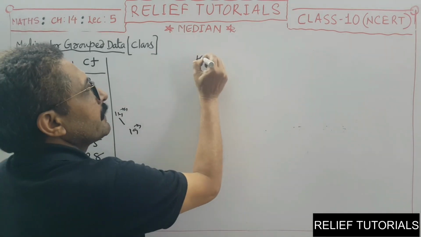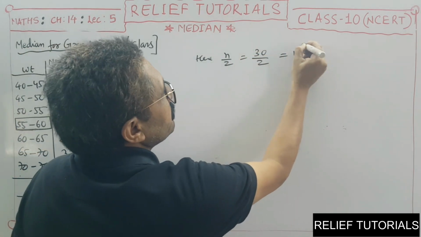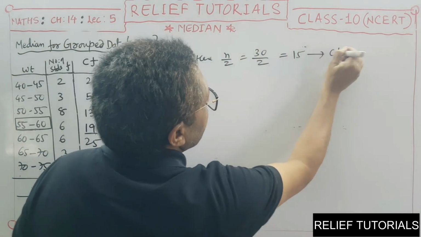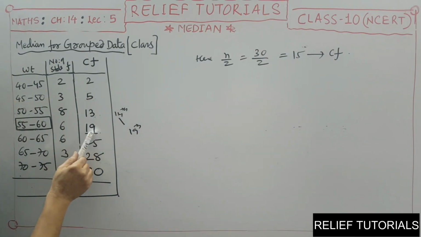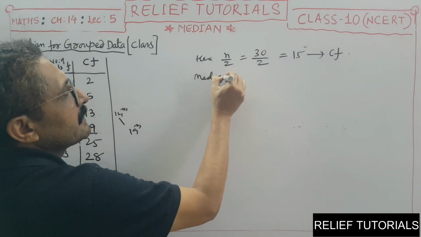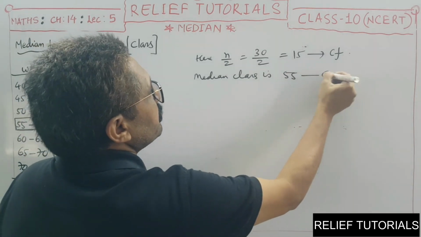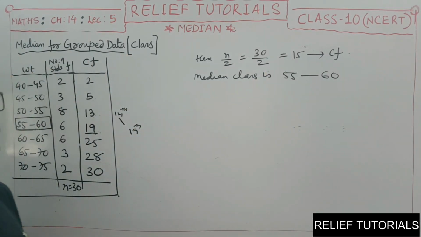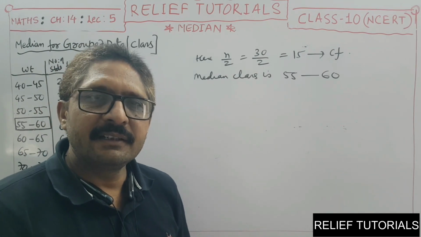Here n by 2, 30 by 2 is 15. This 15 you see against the cumulative frequency, and you know that 14 to 19 appears. So we can say the median class is 55 to 60. The median is somewhere in this class, 55 to 60.